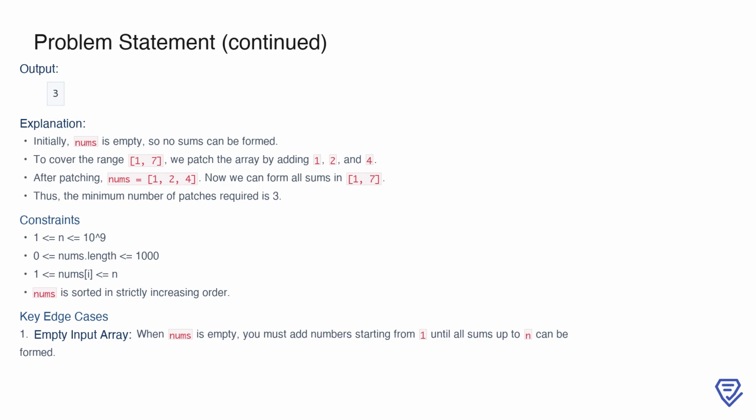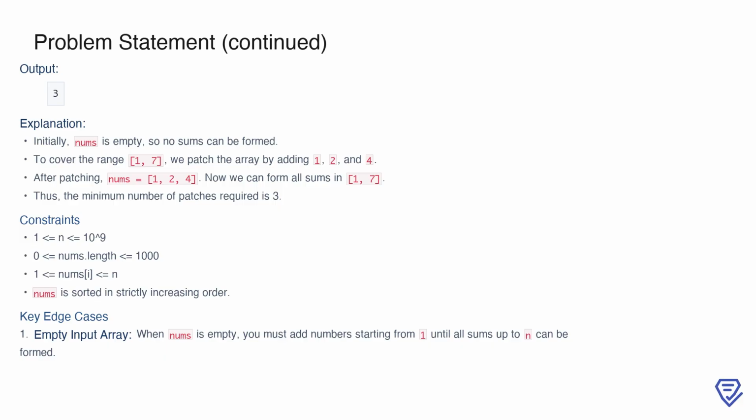In the third example, the input array is empty, and n is 7. The output is 3, which means we need to add 3 patches. Since the array is empty, no sums can initially be formed, so we start by adding the smallest number, 1. Next, we add 2, which allows us to cover a larger range of sums, and finally, we add 4.